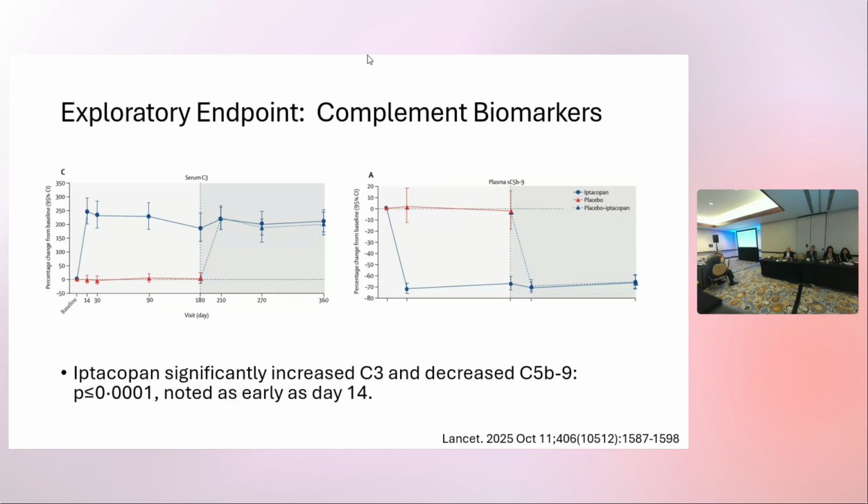And then last but not least, you would like to know that you actually are affecting the biomarkers, and that you're affecting them in the direction you think you should be. So if you are blocking the breakdown of C3 by altering the activity, if you will, of those convertases, then in fact your C3 should go up. And you can see quite nicely that the C3 did in fact go up very quickly in the iptacopan treated group.